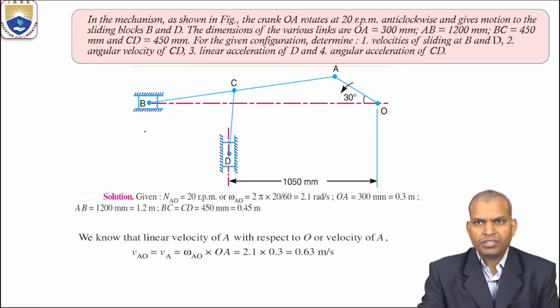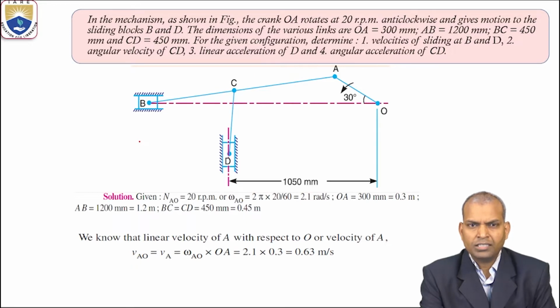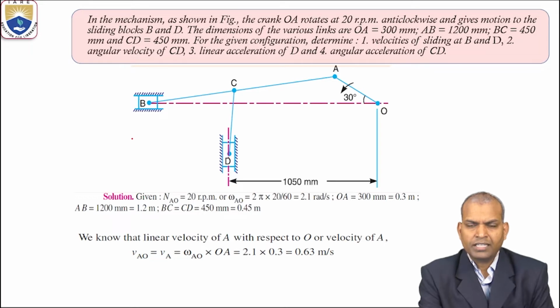And from the given configuration, what is to be found out? There are three objectives given. We have to calculate by using the velocity and acceleration diagram. The first objective is the velocities of sliders B and D, and the angular velocity of the link CD, then the linear acceleration of D, and the fourth one is the angular acceleration of CD.